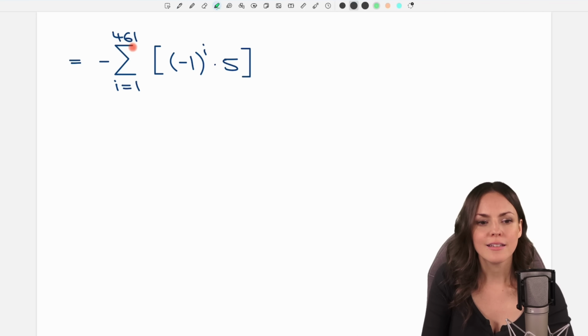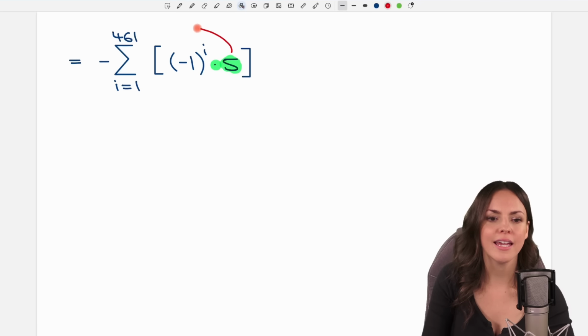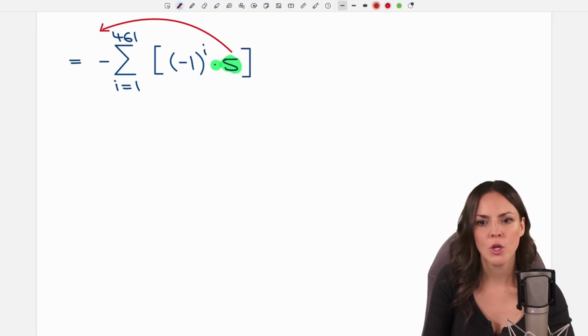And before we take a look at this sigma, we can still make this expression a little bit easier, because we have this times 5 in here that doesn't have an I in it. We can take this times 5 and take it in front of our sigma.